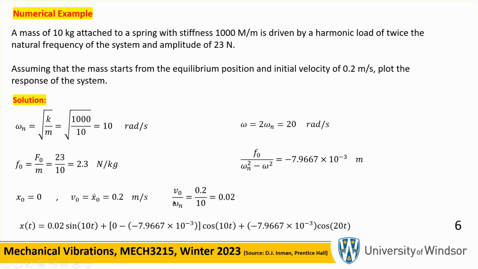If you go back to the previous slide and plug it in, that's this number, and of course you look at the rest of that expression, plug it in, cosine of 10t.